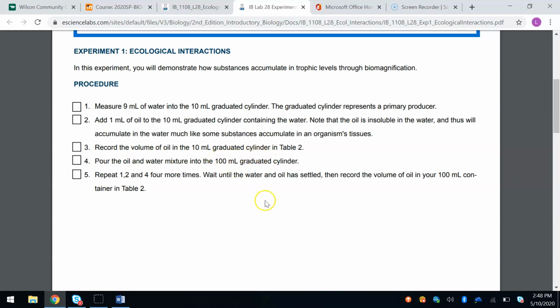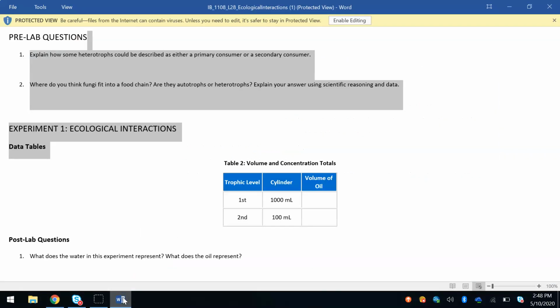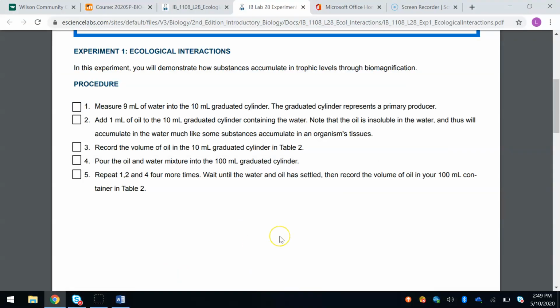Okay, I think what the problem is, is that in the table, the graduated cylinder should say 10 milliliters instead of 1,000. Okay, so that's confusing. And then the next one should say 100.